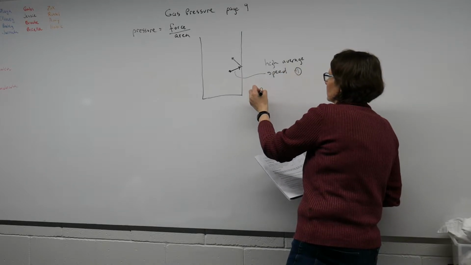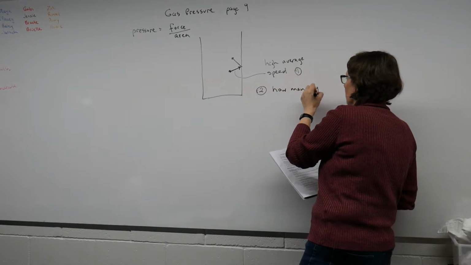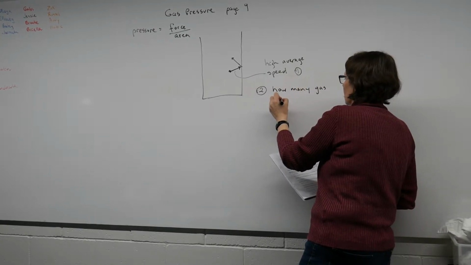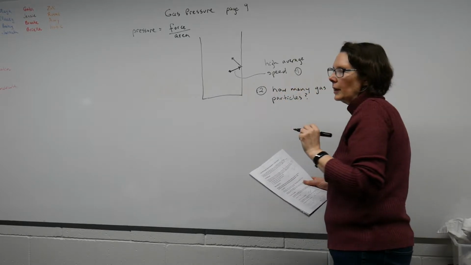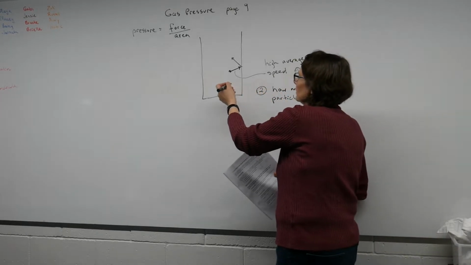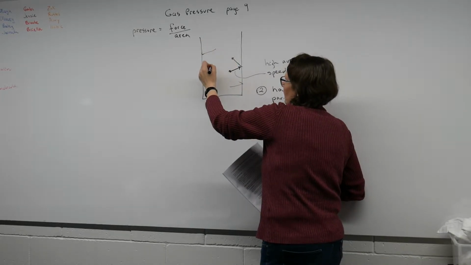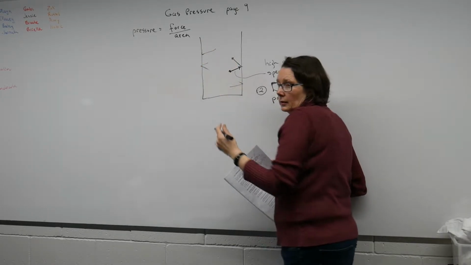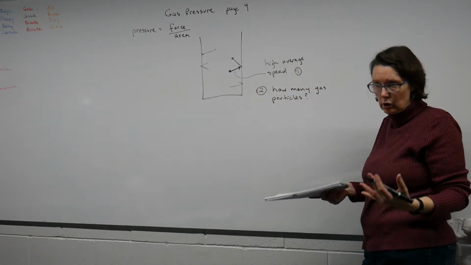The second factor is, well, how many? So if we've got lots of gas particles in there, then they're all going to be bouncing off the walls. But if we've only got a few, then there's going to be fewer particles bouncing off the walls, and the pressure will be lower.